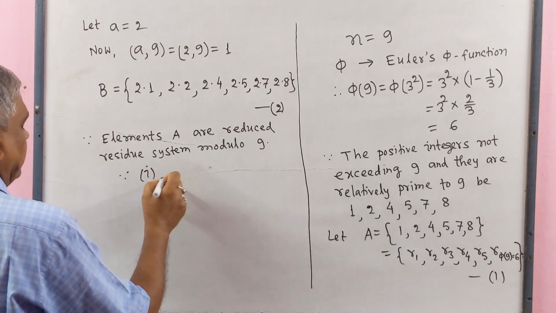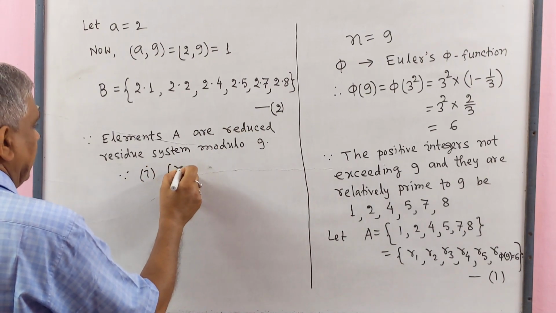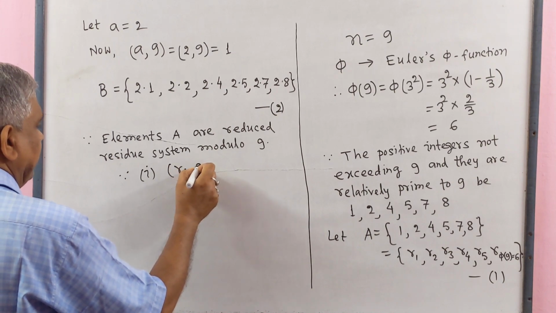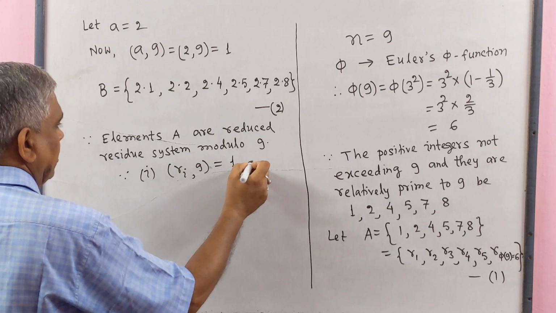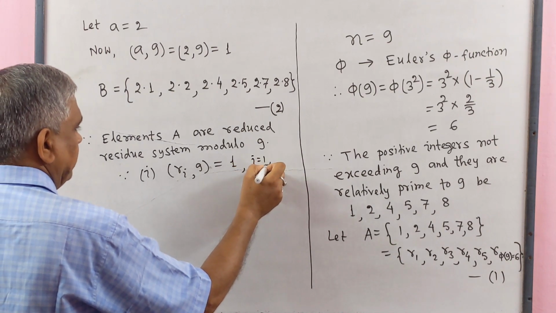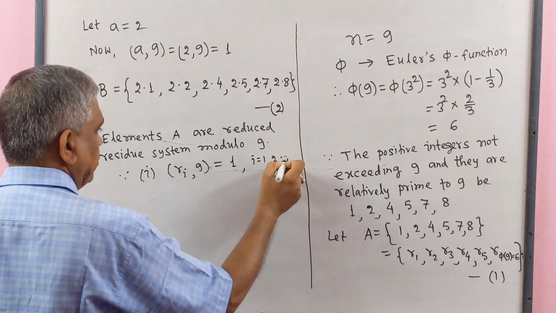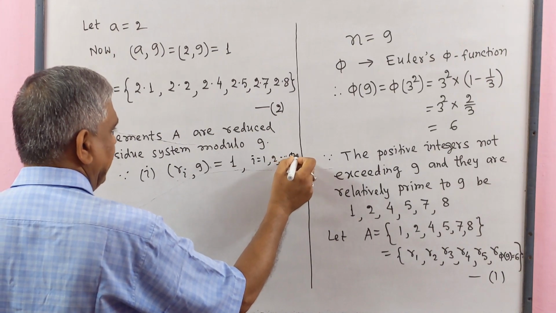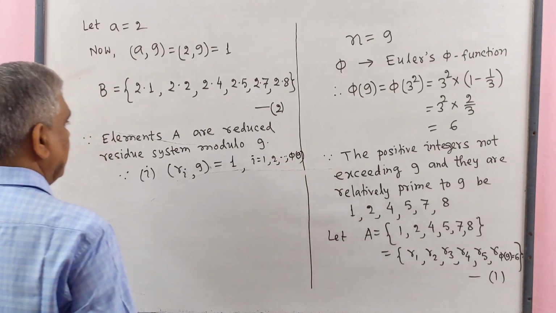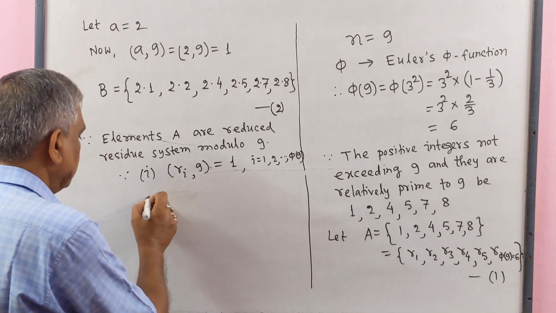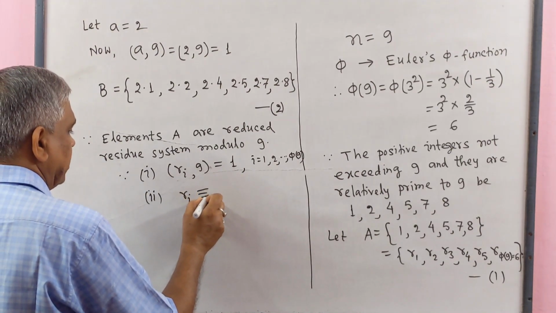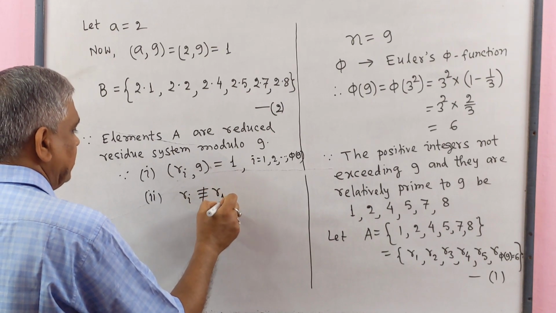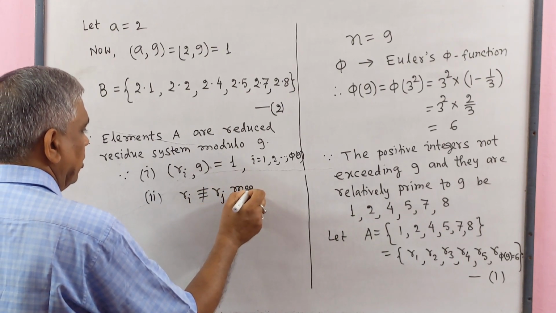Number 1: GCD of Ri and 9 equals 1, for i equal to 1, 2, up to phi 9. Number 2: Ri is not congruent to Rj modulo 9.